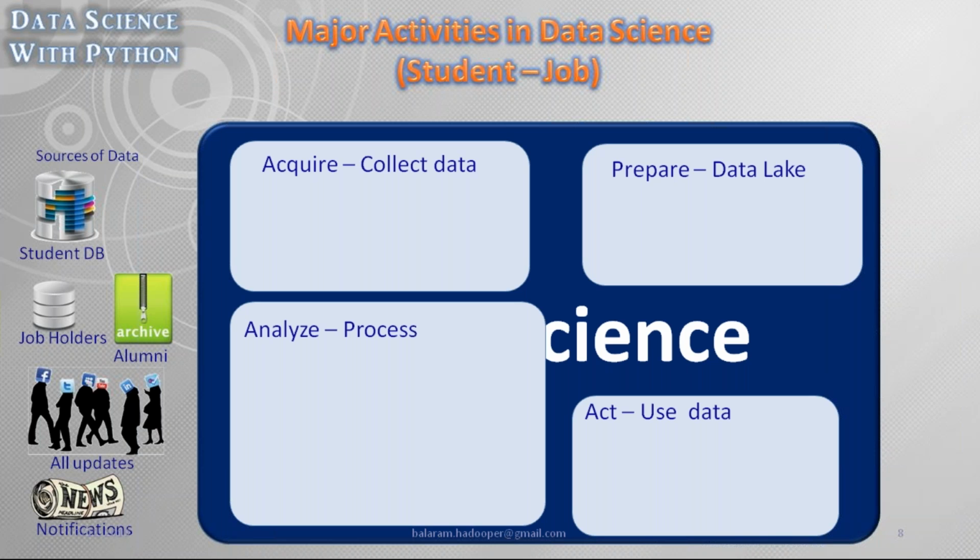So here, acquire: collect the data. What data has to be collected? You can observe the sources of the data. For our example, a student database is available, and a job holder database is also available.